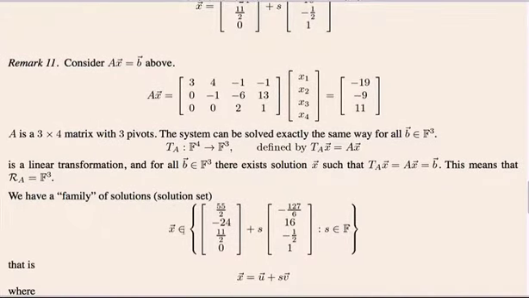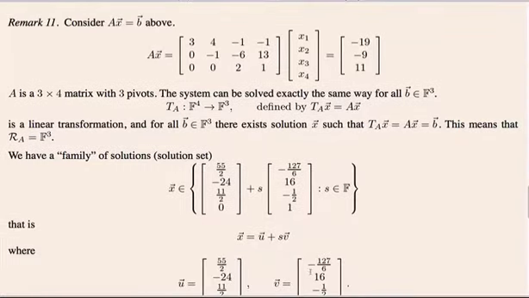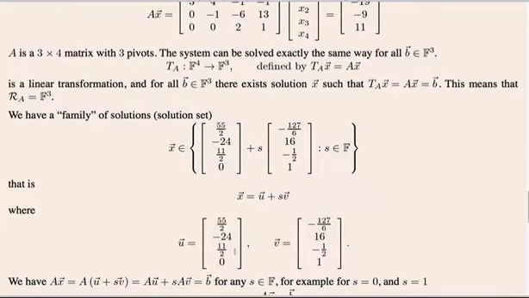Notice also that we have a so-called solution set, where we write the set as all possibilities of these additions for s scalars. And if you just use the notation u for the first vector and v for the second vector, that means that all solutions, or a family of the solutions x, can be written as u plus s times v, where u and v are these given vectors.